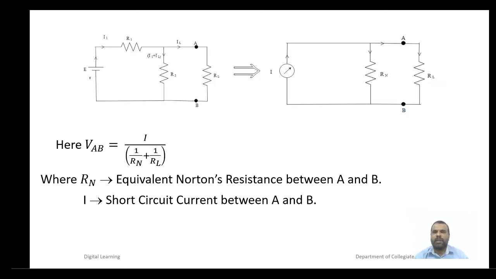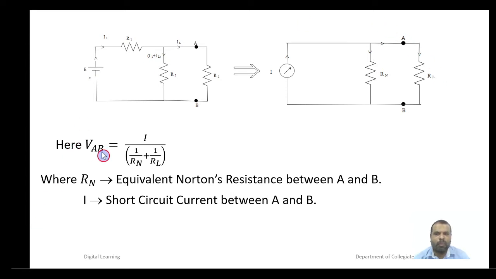The simple circuit is like this: an EMF, resistance R1, resistance R2, and a load resistance RL, and the two terminals A and B. The equivalent circuit of this circuit is a constant current source, an equivalent resistance connected in parallel with the current source, two terminals A and B, and a load resistance.